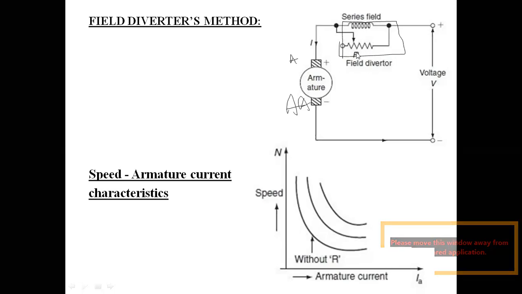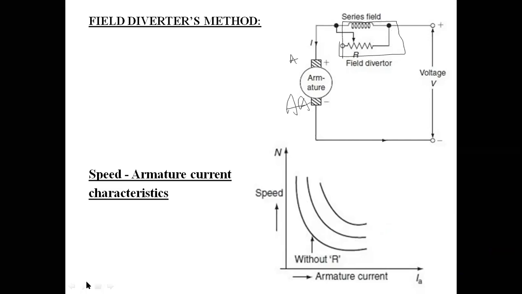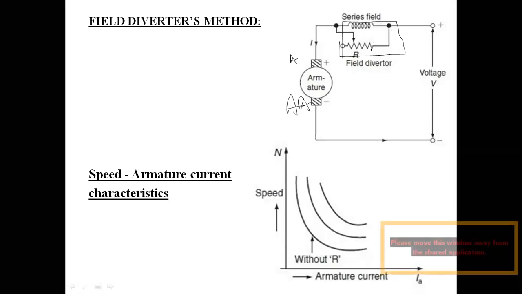See, this is the resistor which was connected in parallel. When the supply current is flowing up to this point, from this point the current is going to be diverted.